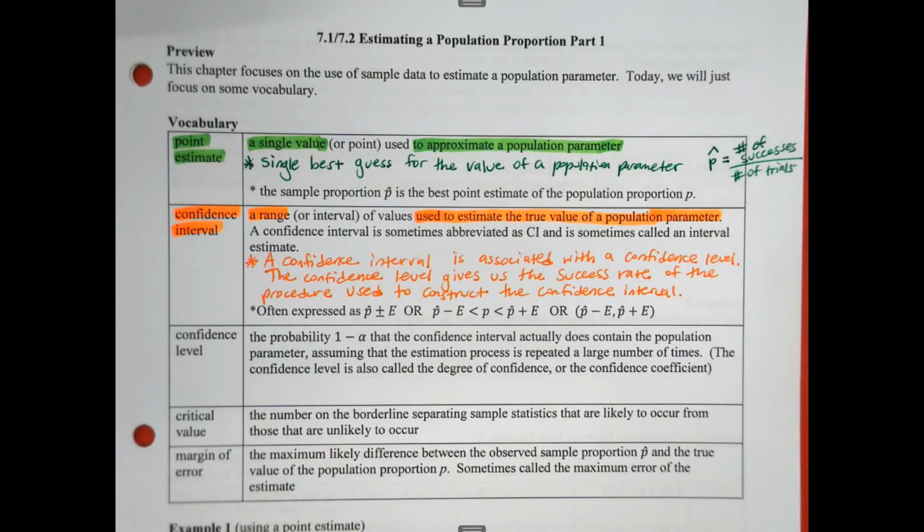That confidence level is going to tell us how successful the procedure that was used to construct our confidence interval was.